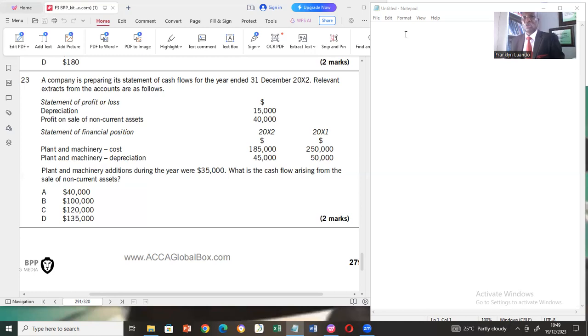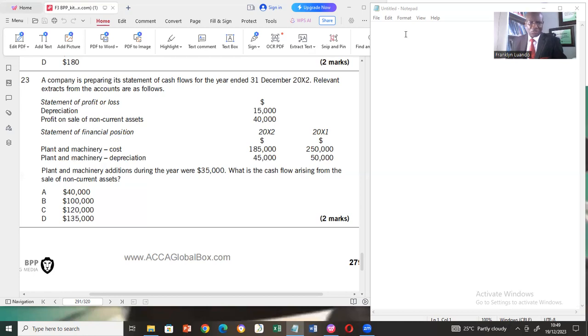So I'm now going to explain the question and answer it together. The company is preparing its statement of cash flows for the year ended 31st December 2022.